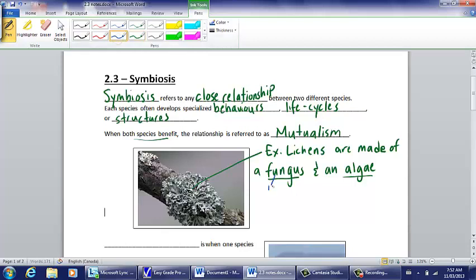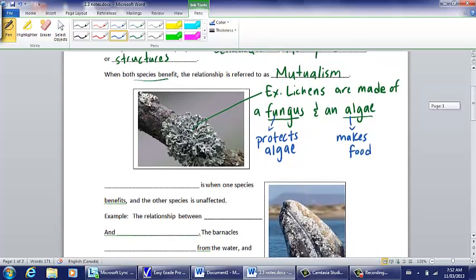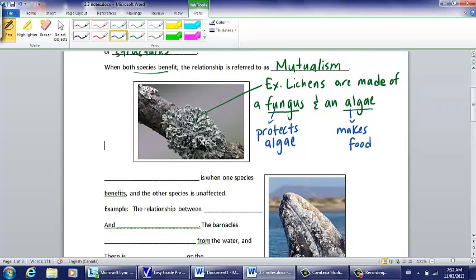In this particular case, the fungus functions to protect the algae. Gives it a home, somewhere safe to live. And the algae is a photosynthetic organism, it's a producer, so it makes food. So they're each providing the other with something. So it's a mutualistic relationship.